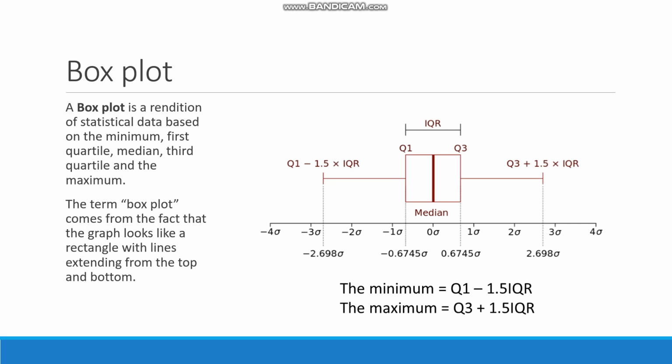As we have seen before, by multiplying the interquartile range by 1.5, we can also define minimum and maximum by subtracting the outcome from the value of the first quartile or by adding the outcome to the third quartile value.